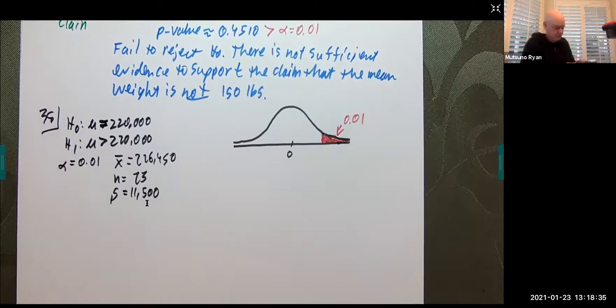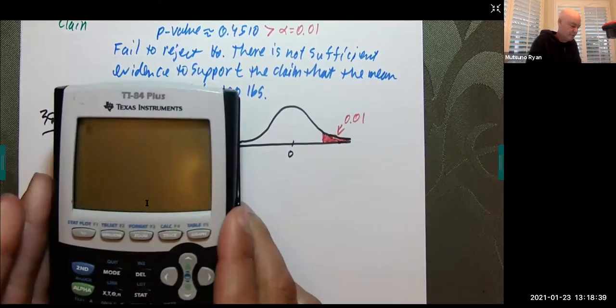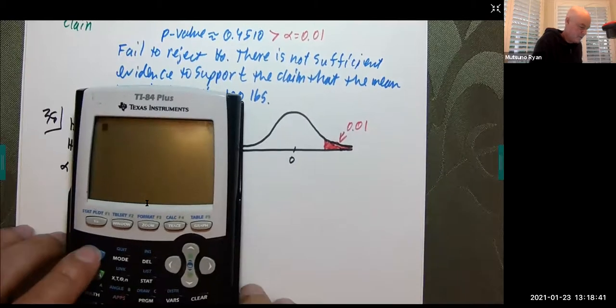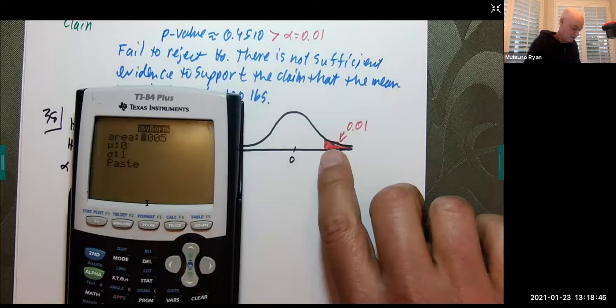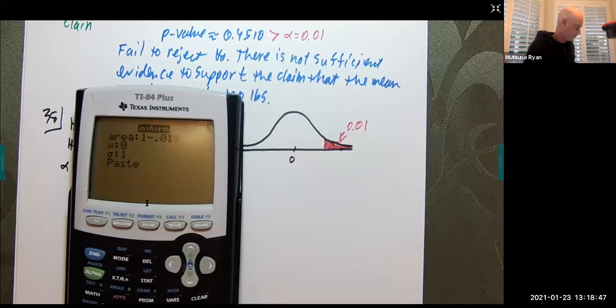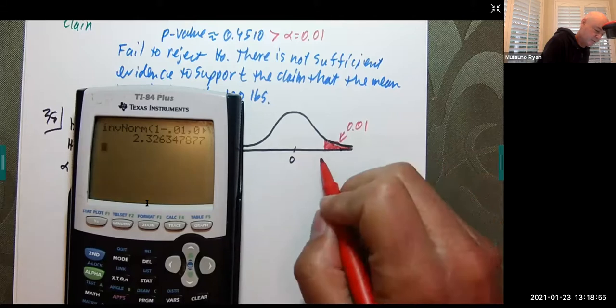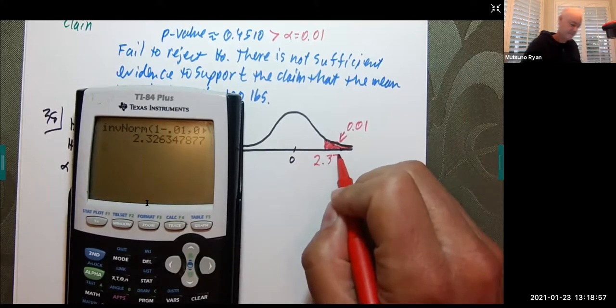So I do inverse norm. And again, area to the left. So it's going to have to be 1 minus 0.01. So my critical value is 2.326.